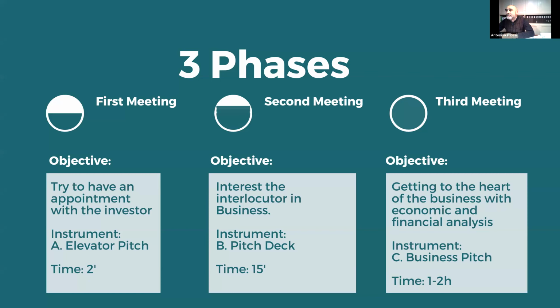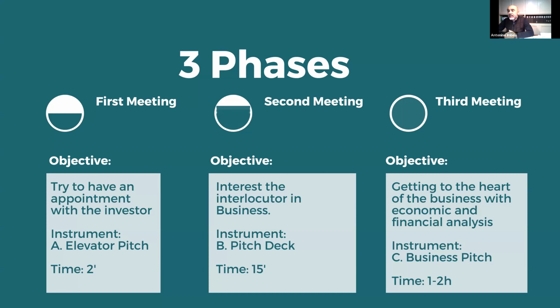Normally, to convince an investor, it's necessary to have at least 3 meetings. The first meeting is very short. You need only 2 minutes probably to have his attention and to try to get an appointment with him. The instrument used for this is the elevator pitch.